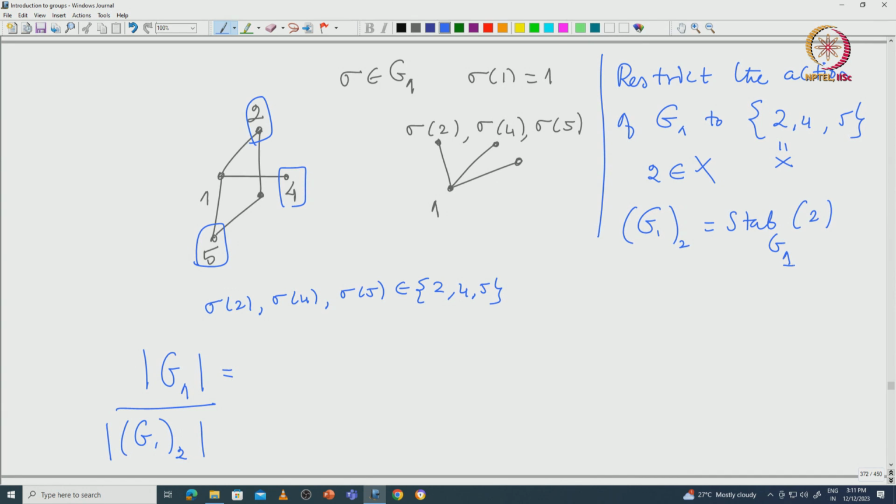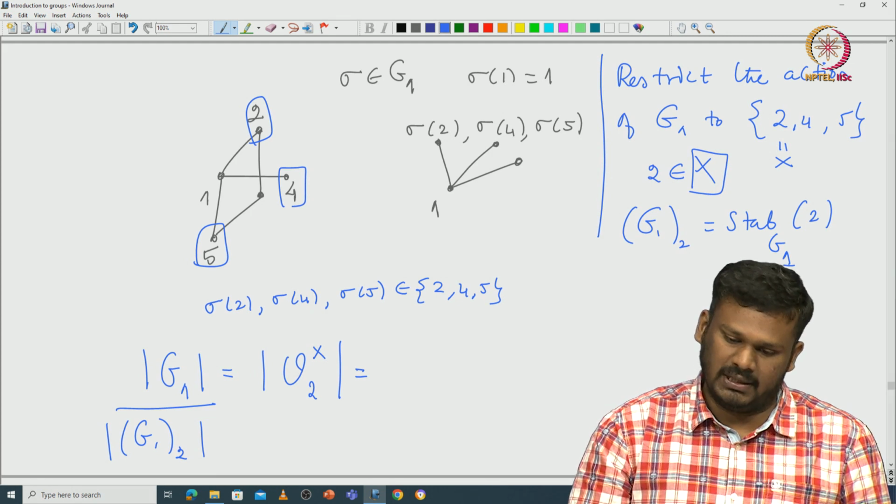So, what will be the ratio? That will be exactly the orbit of 2 inside x. If you think about it, I will leave it as an exercise: the action of G1 on 2, 4, 5 is going to be a transitive action. One will be able to get automorphisms of this graph that fix 1, that take 2 to 4, 4 to 5 and so on.